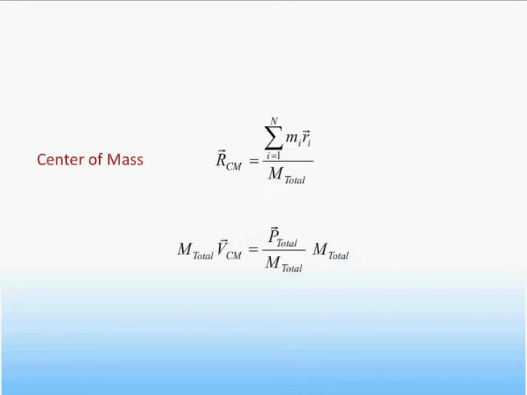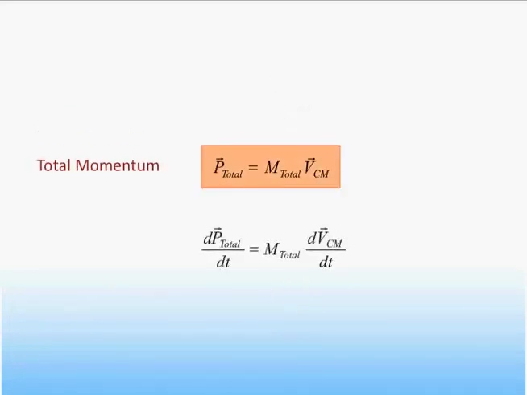Multiplying both sides of the equation by the total mass of the system, we obtain the result that the total momentum of the system is equal to the product of the total mass and the velocity of the center of mass. Differentiating once more with respect to time, we see that the time rate of change of the total momentum of the system is equal to the product of the total mass of the system and the acceleration of the center of mass.